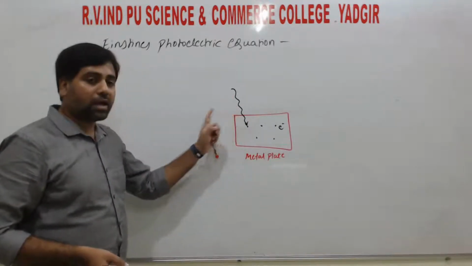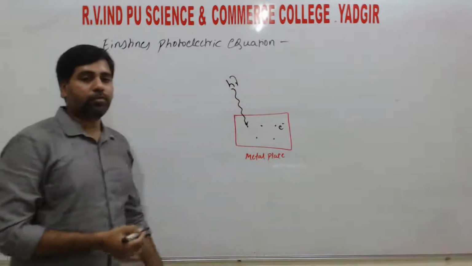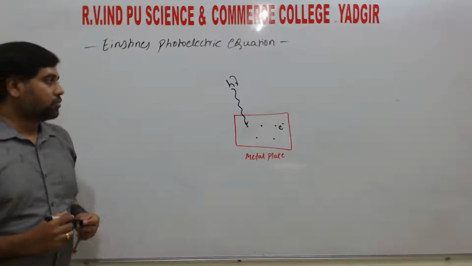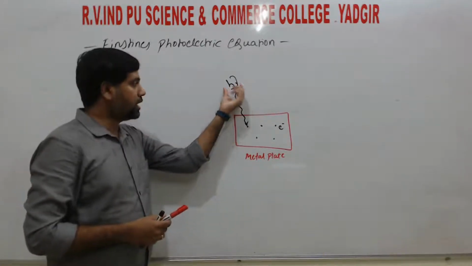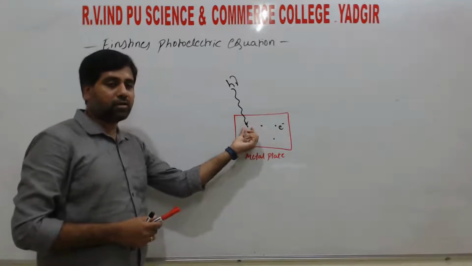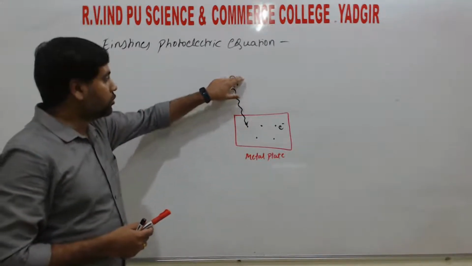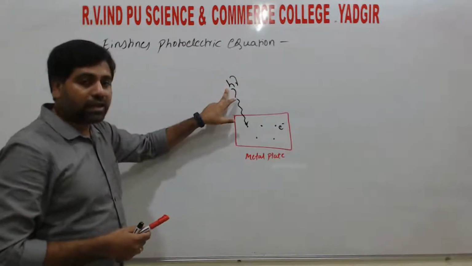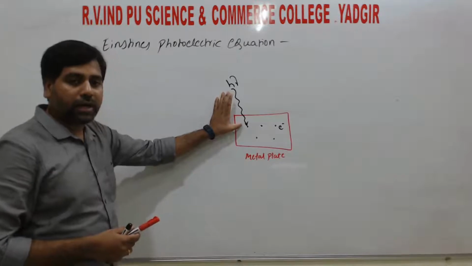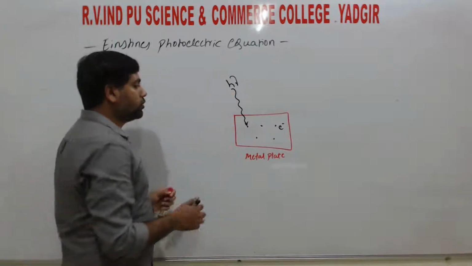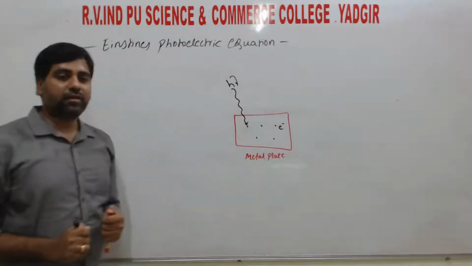So this quanta has the value of energy, how much? That is h nu, right? The incident radiation which falls onto the electrons has the energy h nu, right? So this h nu is the energy of this quanta, that is, a packet of energy. So this electron absorbs this energy, right?